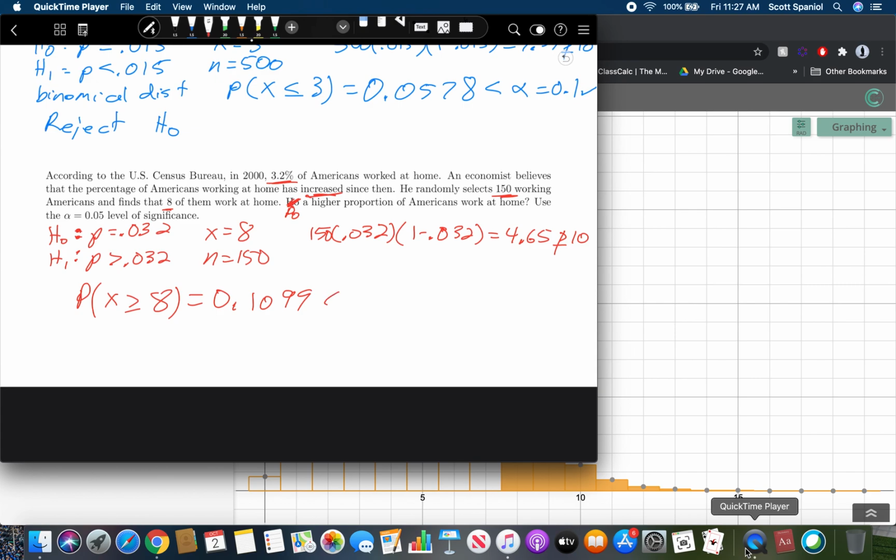So is that less than alpha, which equals 0.05? No. So therefore, we do not reject H naught, and we would say there is not sufficient evidence to suggest that the proportion of Americans who work at home has increased since 2000. Now, I'm guessing if we redid this study today, that answer would go way up, but at the time that he did his sample, that was not the case.